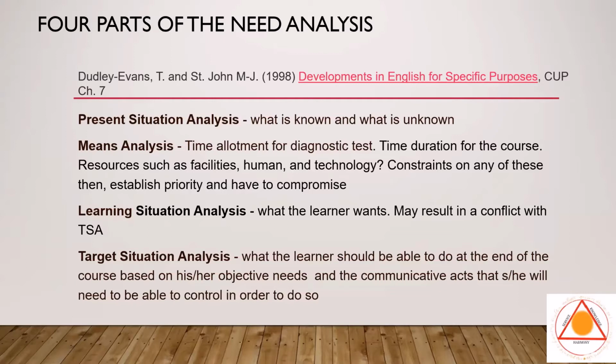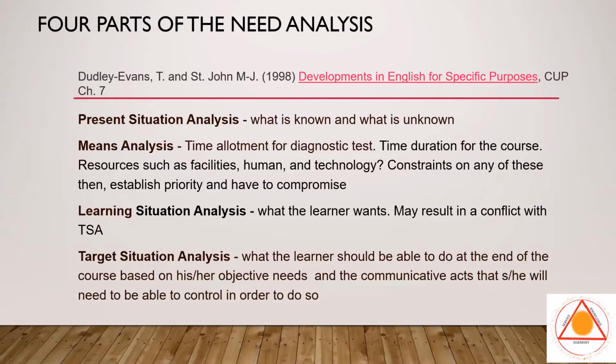So when you say target situation analysis, the learner should be able to do something at the end of the course based on the objective needs that you have identified and the learner has identified. So whether he is able to perform a task at the end of the course is what you are looking at.